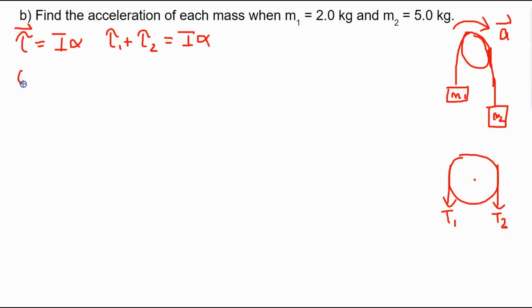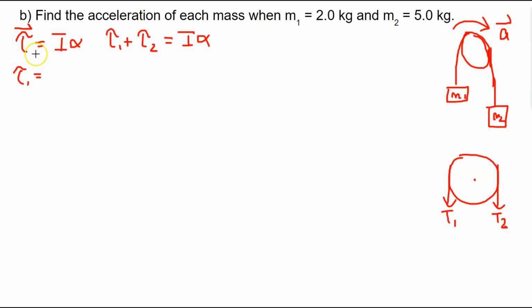Anyway, torque 1, if you don't remember the equation for torque, you might know it as T is equal to Fr, but it's also important to keep in mind that that's just one part of it. Torque is equal to the multiplication of the force that's causing the torque, the radius, and the sine of theta, the angle between the force and the radius. So we're going to express that in an angle.